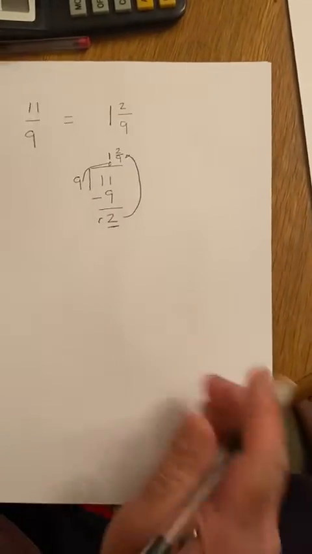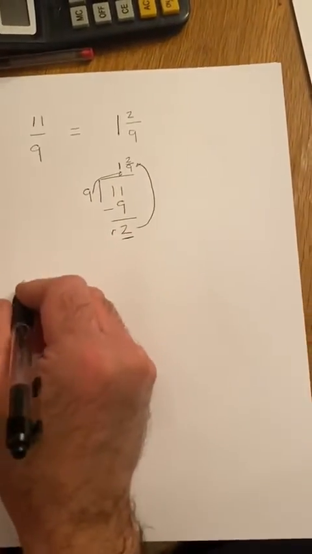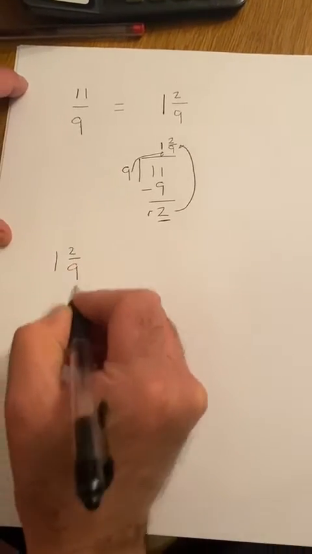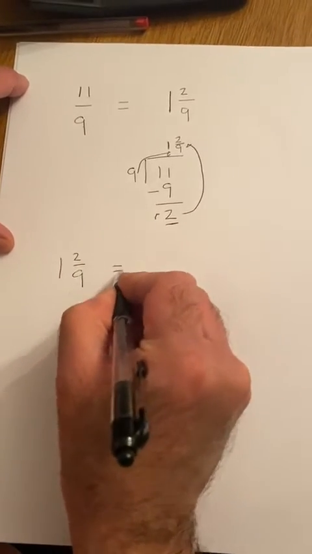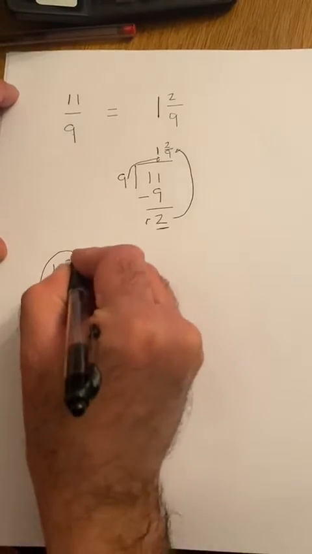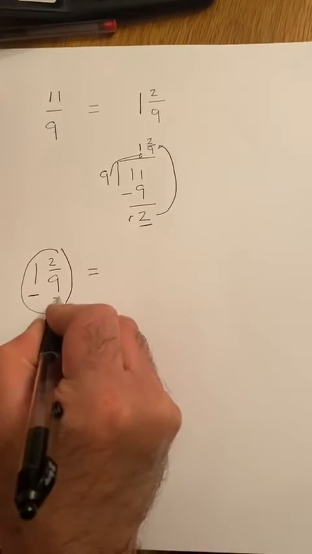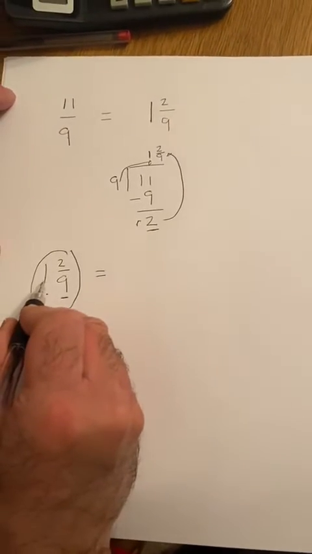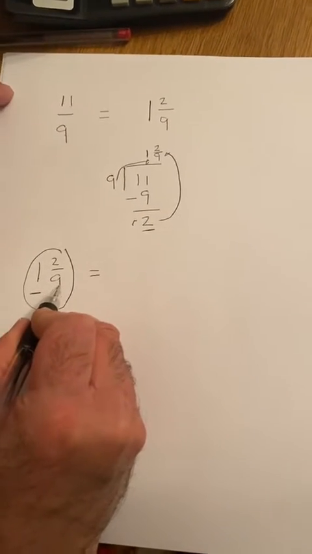So we can also work the reverse of this. So we have 1 and 2 over 9, changing that from a mixed number with a whole number and a fraction into an improper fraction by multiplying the whole number by the denominator.